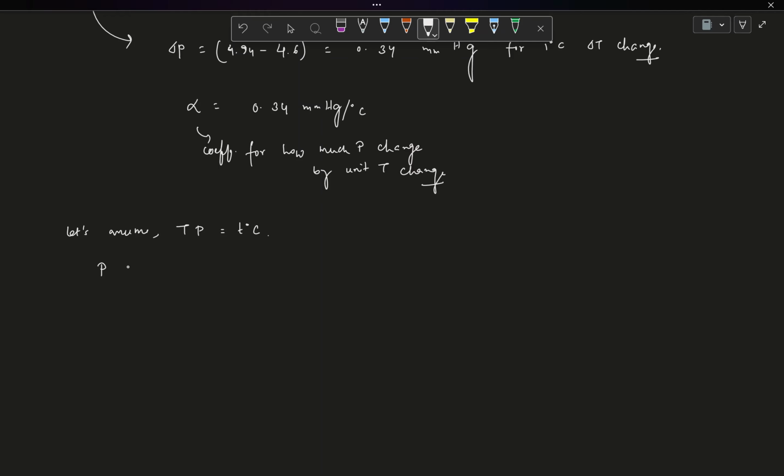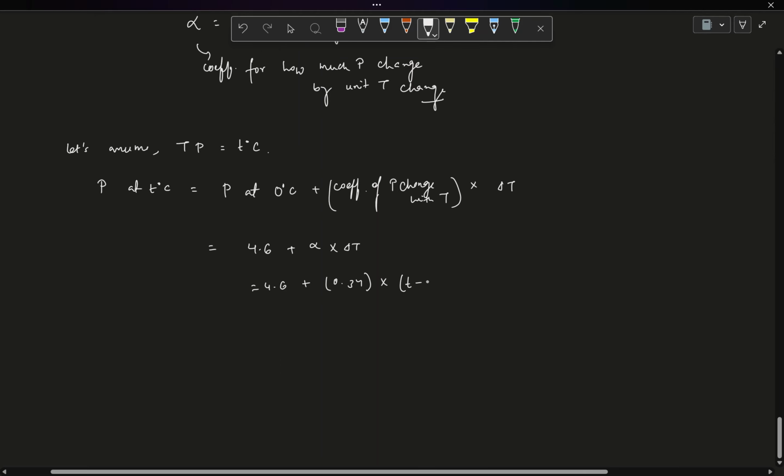So the pressure at T degree centigrade will be the pressure at 0 degree centigrade plus the coefficient of pressure change with temperature times the change in temperature. The pressure at 0 degree centigrade is 4.6 mmHg plus alpha, 0.34 mmHg, into delta T, and the temperature change from 0 to T degree centigrade is simply T minus 0, or T.